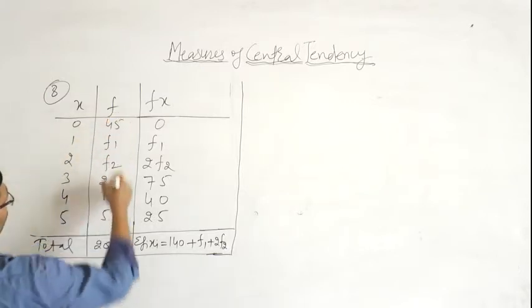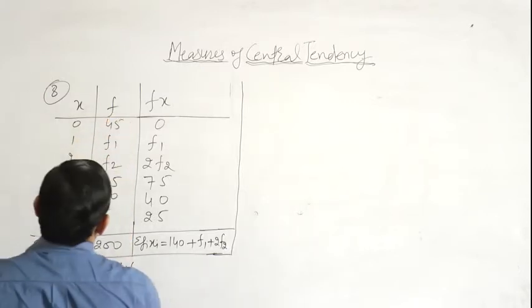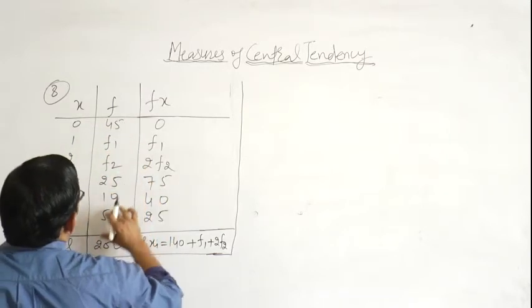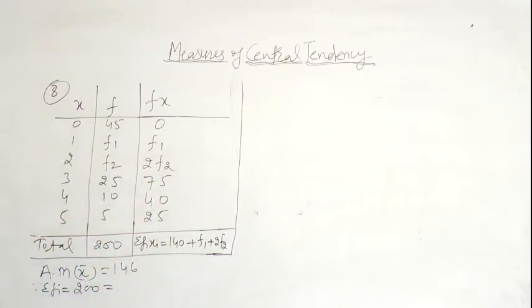Okay, according to the given frequencies, 45 plus 25 that is 70, 80 and 85.